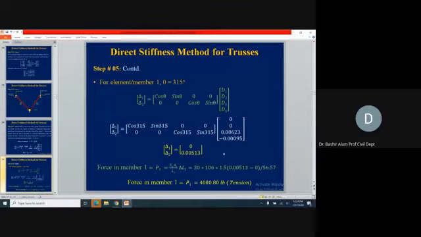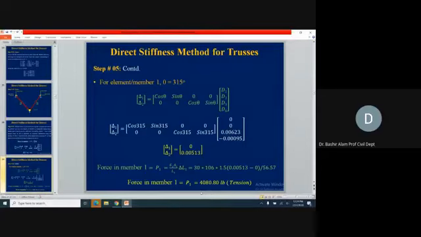Delta L was delta 2 minus 0, so delta 2 is 0.0053 minus 0. And L1 was 56.56. When we run these numbers, it comes to 4080.80 with a positive sign, which means it is tension. So the member 1 force is coming in tension and it is 4080.80.